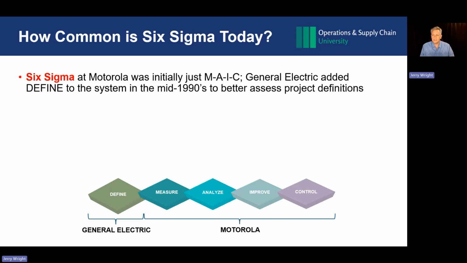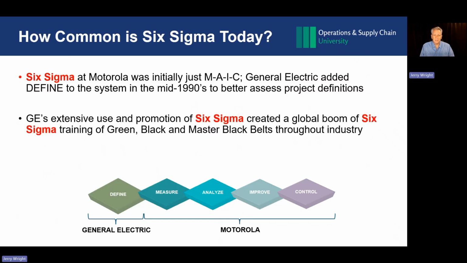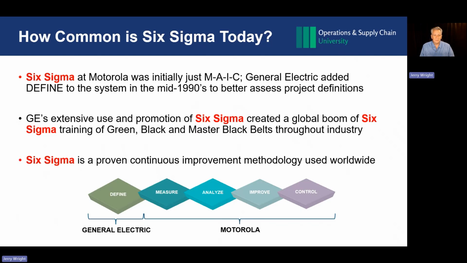So the define was added by GE in 1995 timeframe. GE's extensive use and promotion of Six Sigma created a global boom of Six Sigma training in green belts, black belts, and master black belts throughout all industries worldwide. Now, today, Six Sigma is a proven continuous improvement methodology that is used globally.